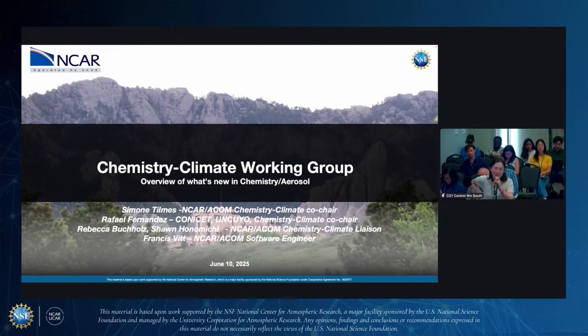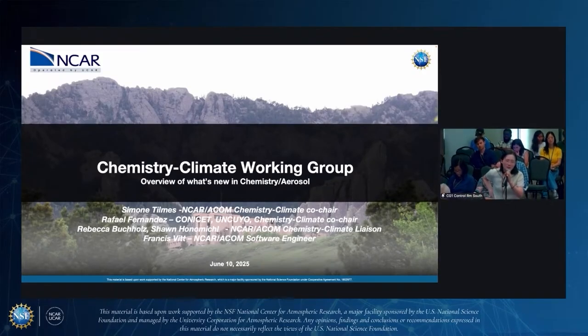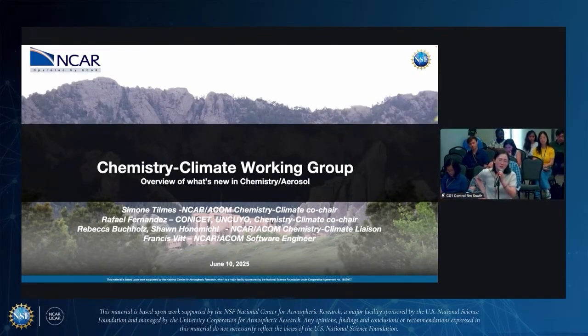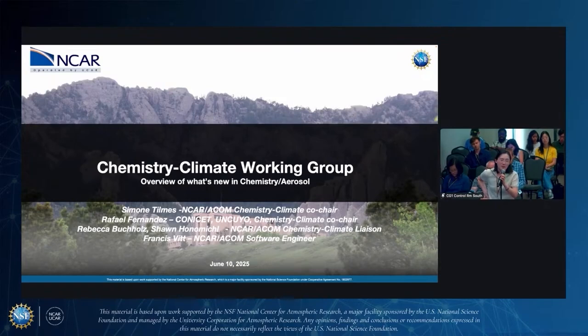I'm not the right person to answer this question, but for us, using MUSICA MPAS is just a dynamical core, so the physics is still from CAM. I think that's a question we need to ask the CAM team, whether they have developed or updated cloud schemes for that.